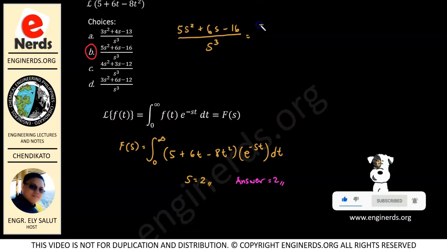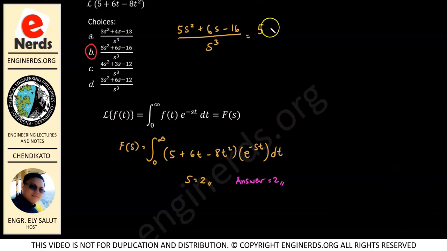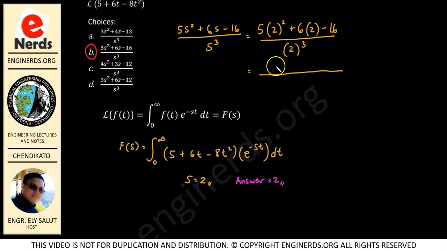So, I have 5, okay, times 2 squared plus 6 times 2 minus 16 over 2 cubed. Okay? So, we will have here 5 times 2 squared. So, 2 squared is equal to 4. So, 4 times 5, we have 20.